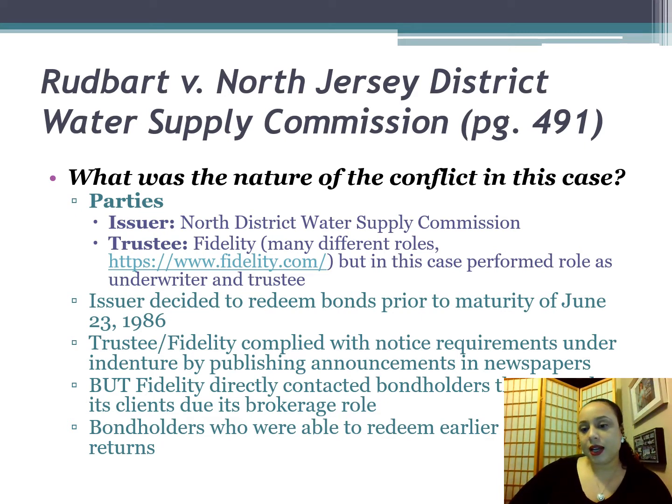Remember, in our last case, there was a carve out for conflicts of interest that may occur when a company is in pre-default land, right? The company is doing well. And we know if the company is doing well, the trustee is not subject to heightened fiduciary obligations, except for potential conflicts of interest. So that brings us to this case.